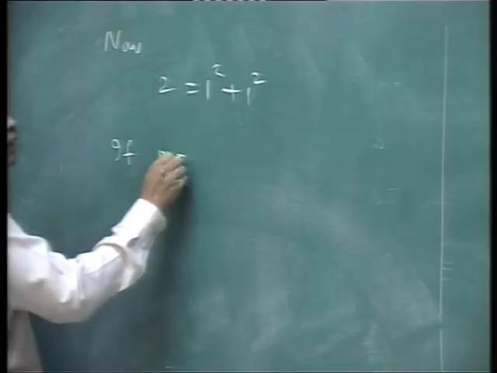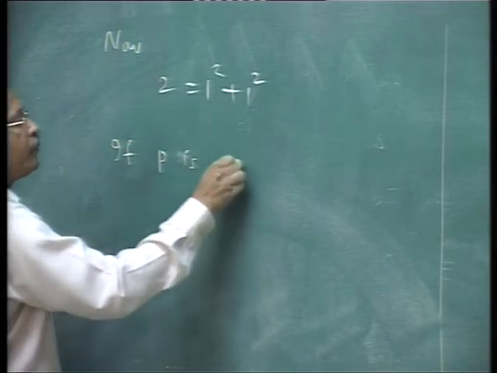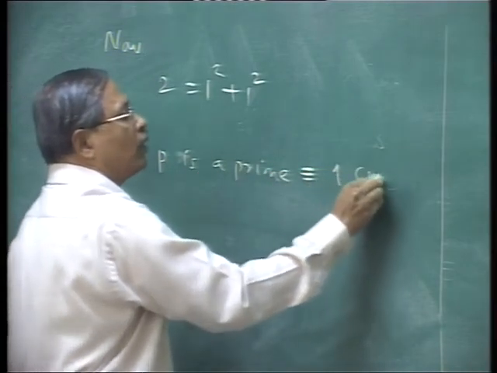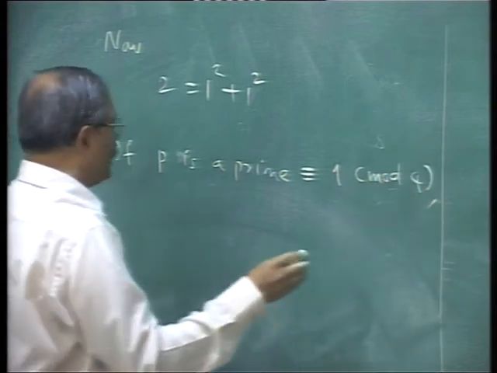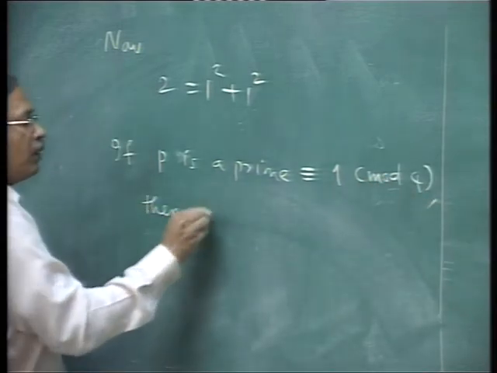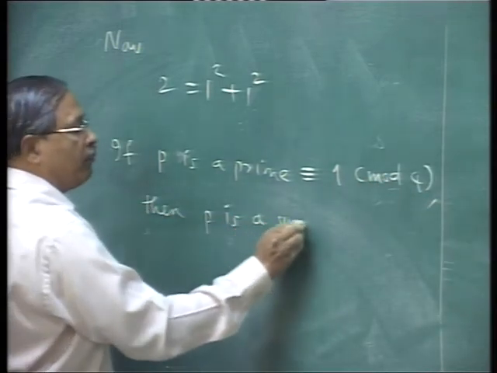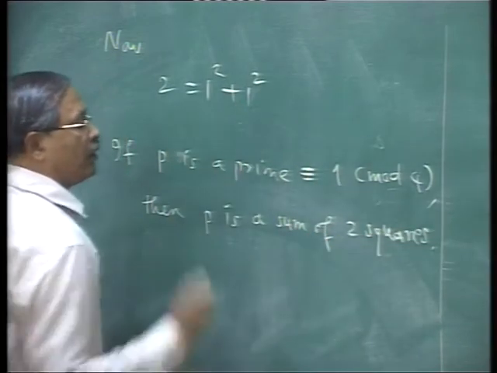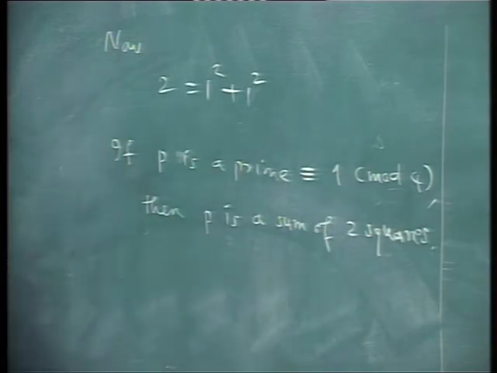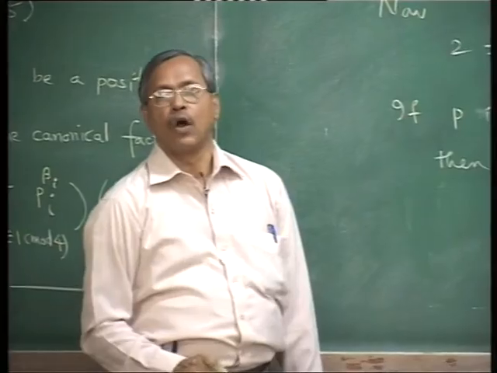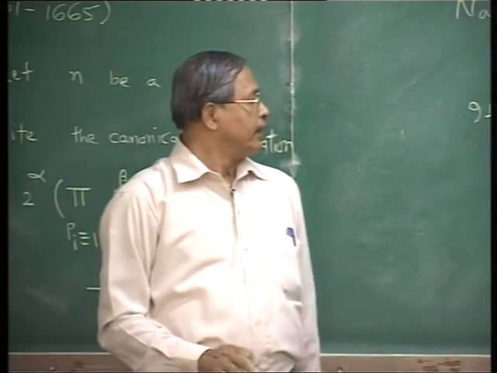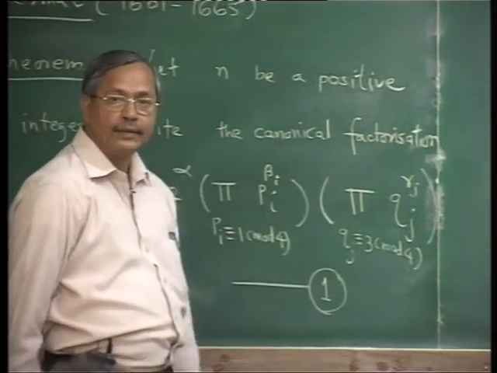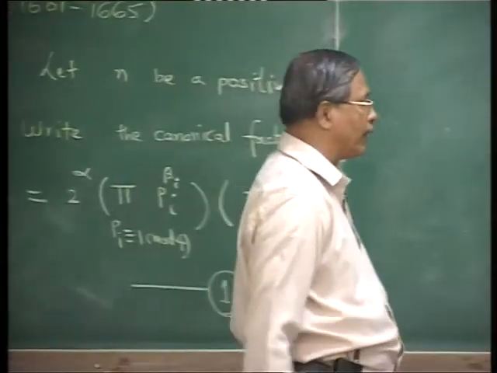If p is a prime congruent to 1 mod 4, then p is a sum of two squares, that is known to us. Also, if you take gamma j as even, then you already have a square.